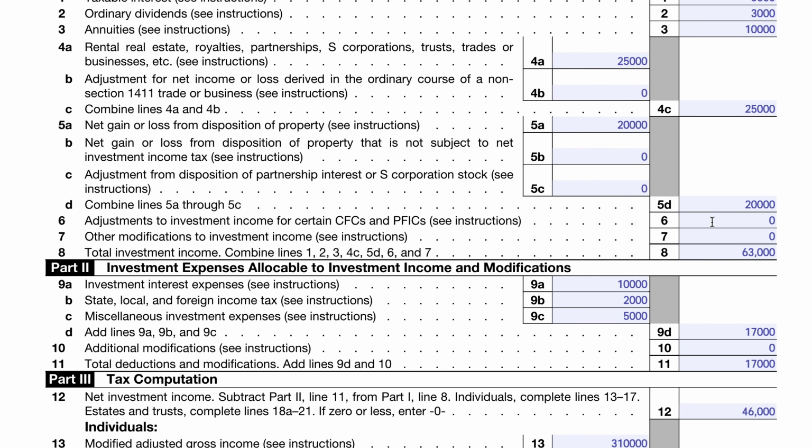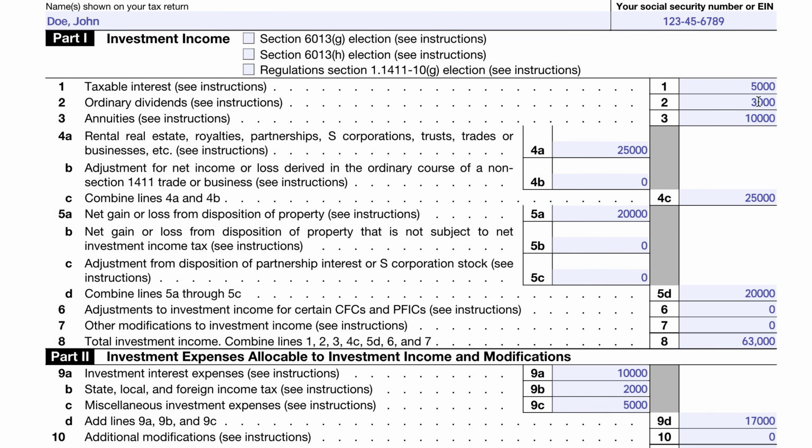So let's imagine really quickly that we had a much lower income amount here. Let's just say that we only had 5,000 in line 5D from the gain and disposition of property, and we had 5,000 from the rental real estate, royalties, partnerships, and so on. Then we would recalculate this. This would be 10, 20, 28,000.